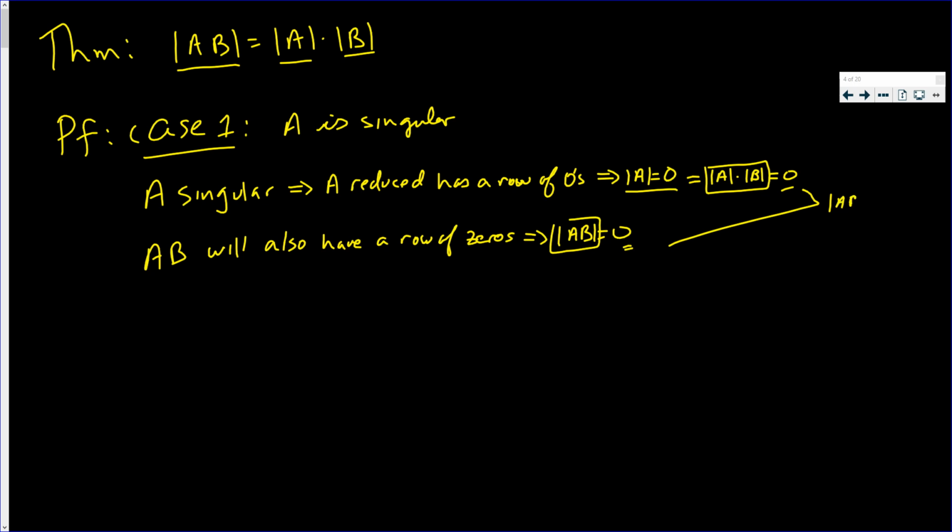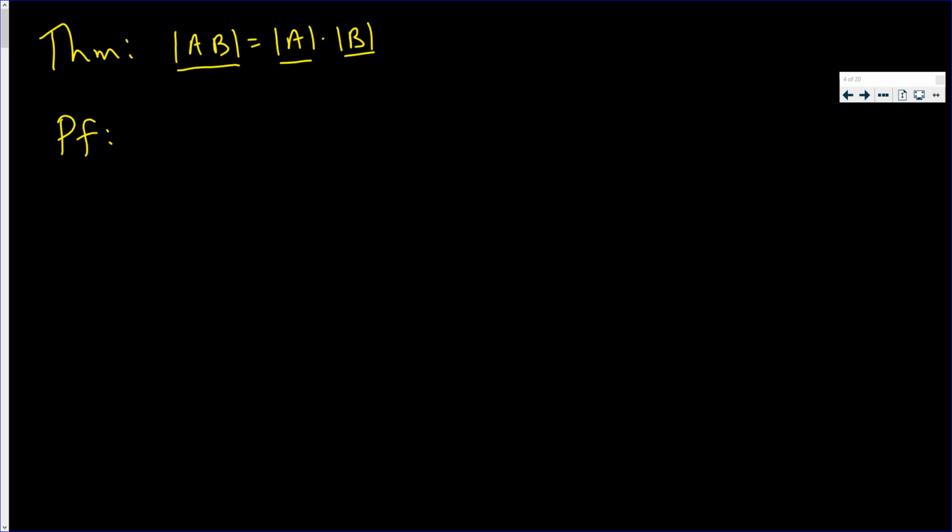Therefore, the determinant of AB is equal to the determinant of A times the determinant of B precisely when A is singular. So now that that case is done, we're 100% finished with the case when A is singular.